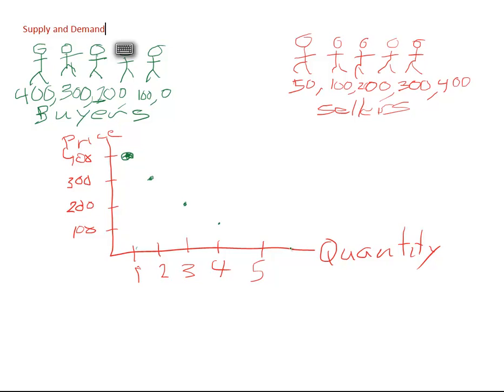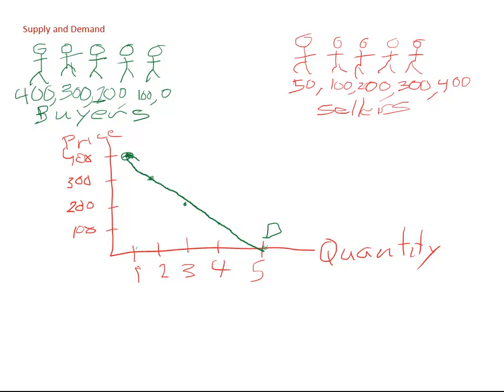I'm just trying to draw a box. And there it is right there. And then if we draw this line through all of them, there's our demand curve. So there's demand. Now let's go to the supply curve.